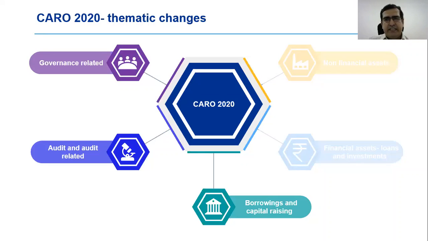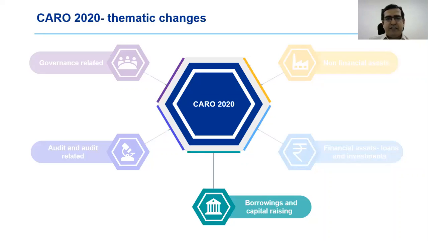And the key theme from a CARO 2020 standpoint really has been that a lot of items are available to the MCA and to stakeholders, but they want the auditor to put special focus on those items, specifically tailor their procedures and report back in their audit report.